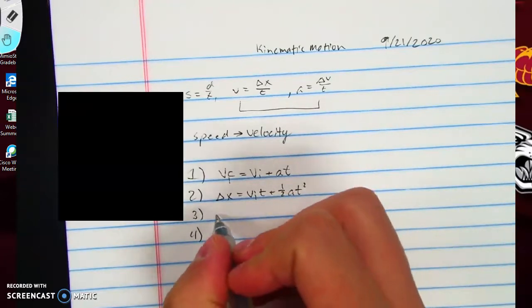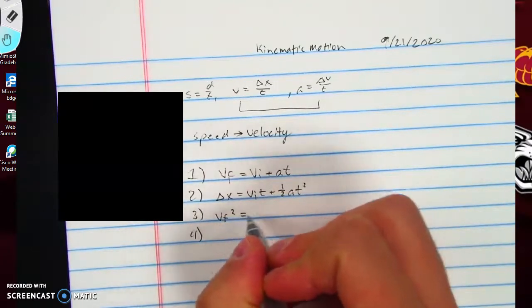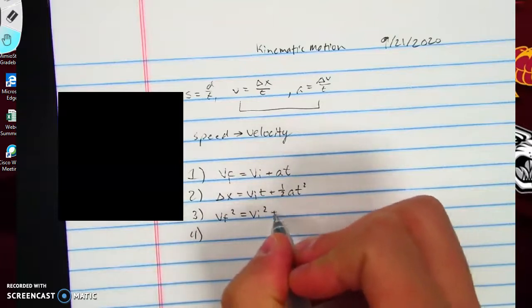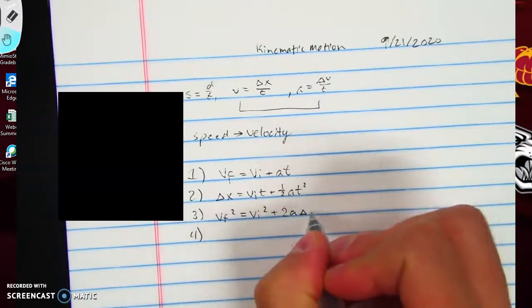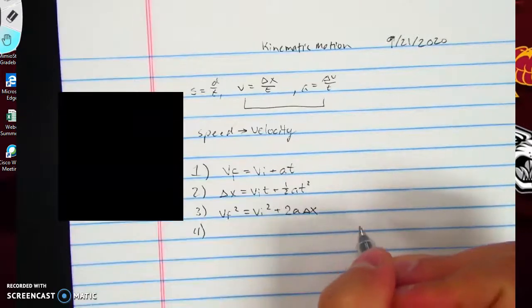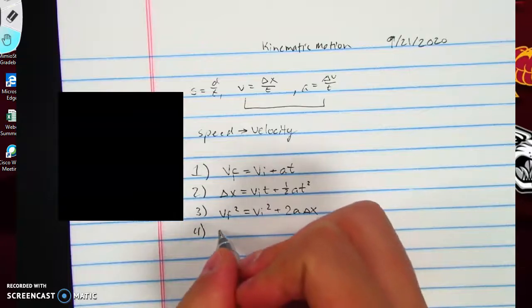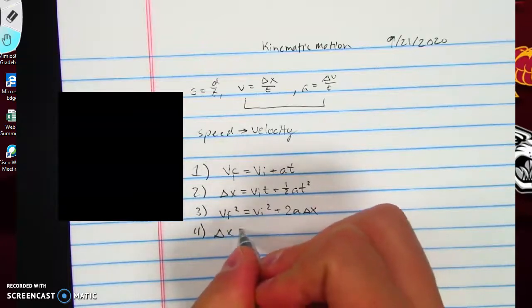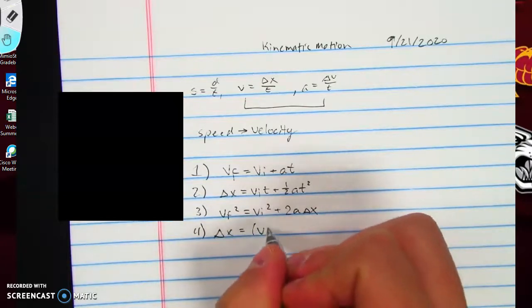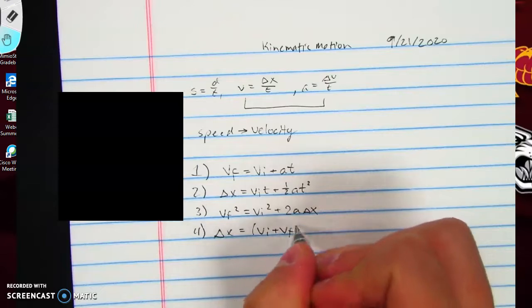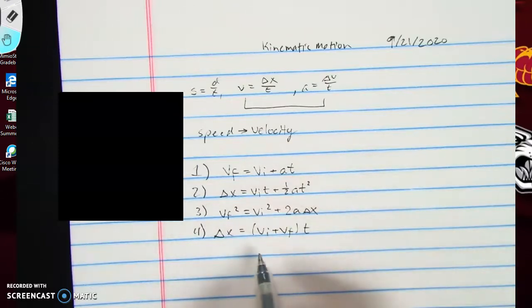The third one is V final squared equals V initial squared plus 2A delta X. And lastly, this last one, not used very often but still viable, is delta X equals the quantity V initial plus V final times time.